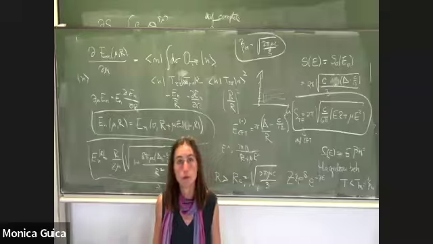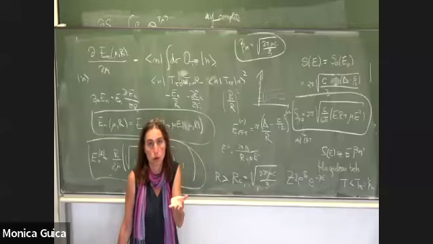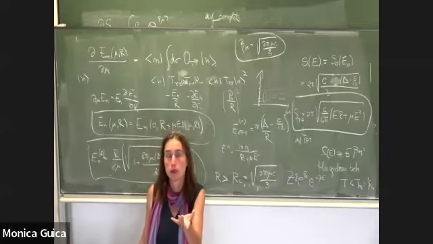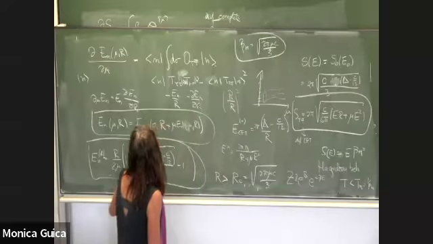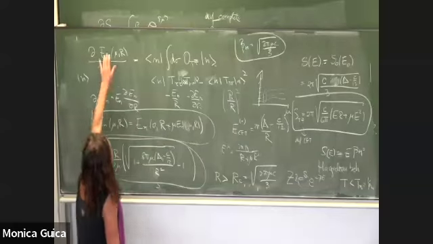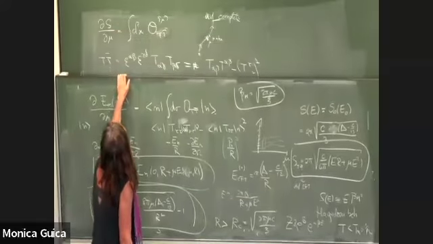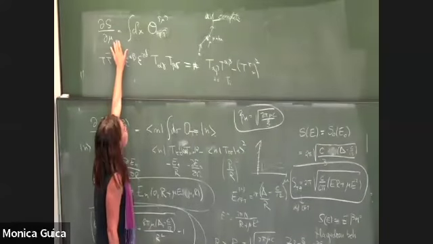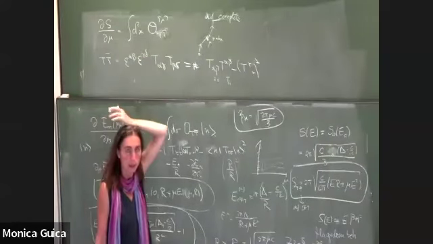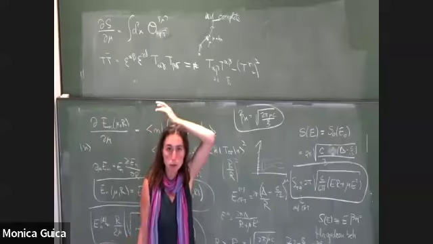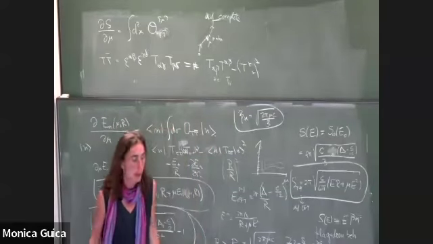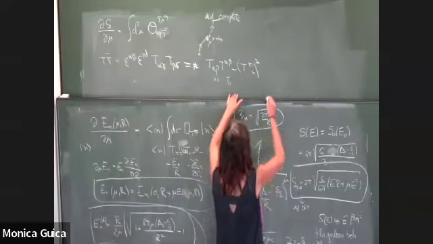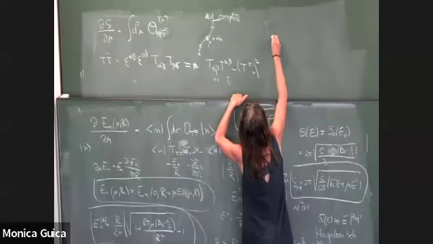If you take a free boson, so d phi squared in 2 dimensions, and you try to solve the equation for the action, assuming that the action only depends on d phi squared because of breaking Lorentz invariance and so on, then what you find is the TTbar deformed free boson.